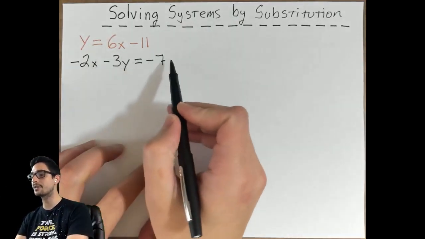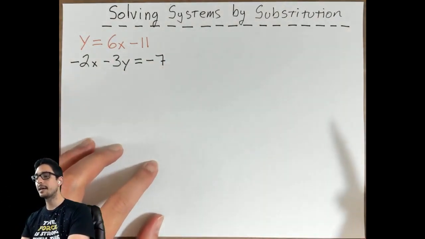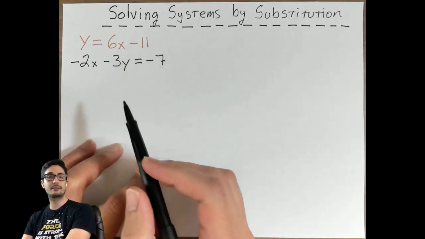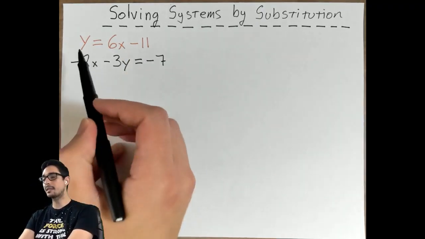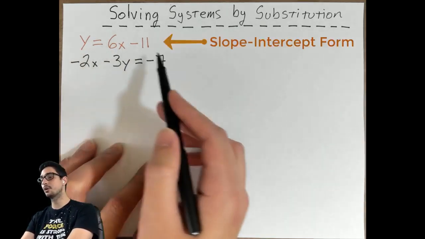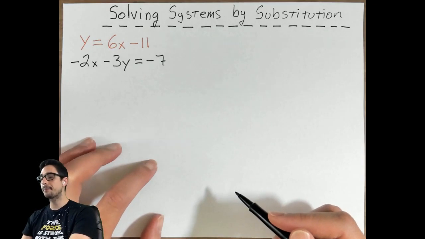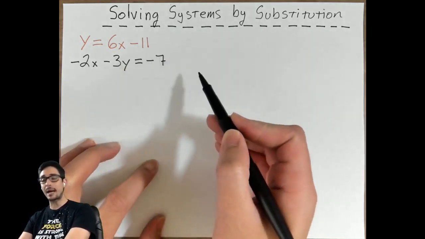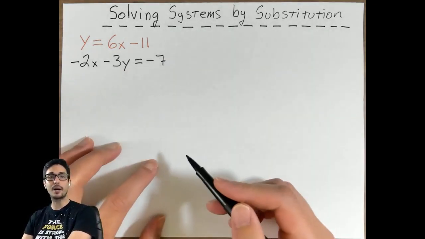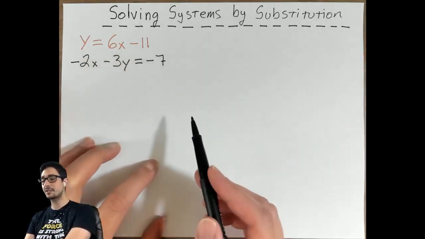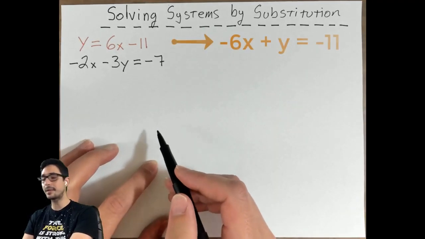Now, if you notice in our system, I have two different colors, and these two equations are not written in the same way. The first equation is written in slope-intercept form, and the second equation is not. So if we wanted to solve this by graphing, we'd have to rearrange the bottom one. Solving the system by elimination, we'd also have to do a little bit of rearranging.